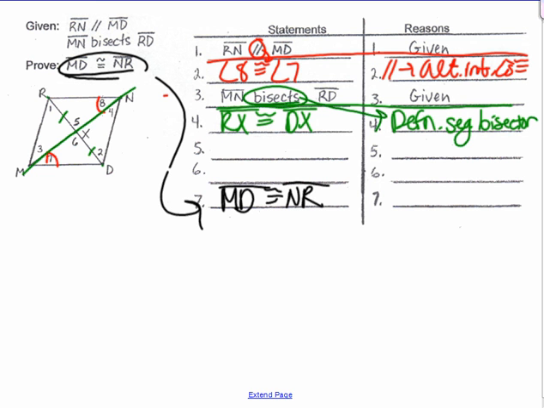Now that green's done, I move on to blue. And I need to try to come up with another congruent part. And I notice that I have some vertical angles going on. I see that angle 5 is congruent to angle 6 by the vertical angle theorem.